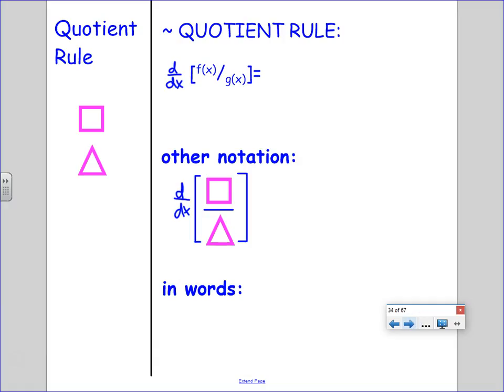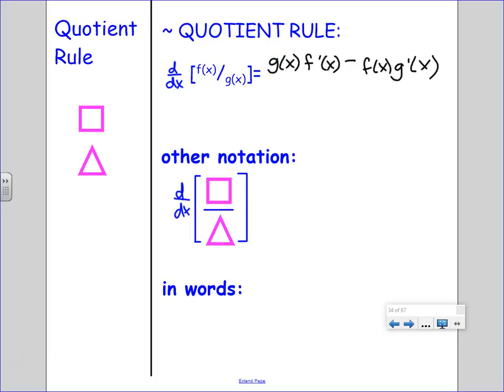How do we deal with these quotients? You saw this in the separate packet too. I might write it just a little bit differently as well. Ironically, it's going to look somewhat similar to the product rule. But what's different so far from what you can tell? Minus.